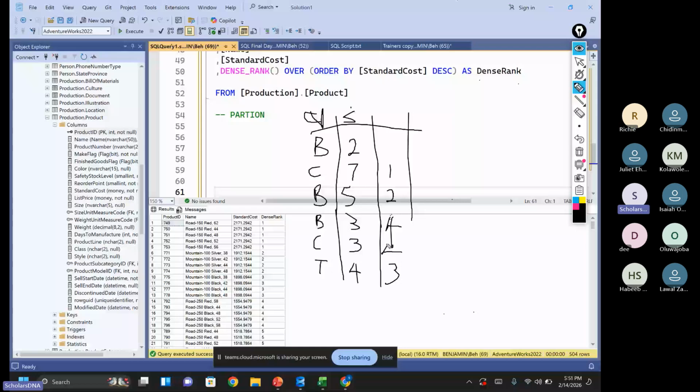And depending on your rank, this will be 5 or 6, depending on the kind of rank you're using. Okay. Now, do you all agree with this ranking? Yes, sir. We are all good with ranking, so this is really good.